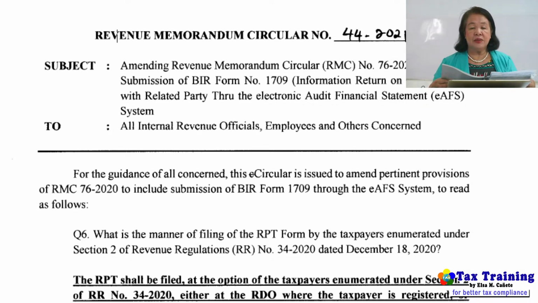And one of the reasons na nakita ko why those payers failed to submit BIR form 2307 is usually they failed to remit the withholding tax, no? Kasi mandatory sa kanila yung mag-withhold. Hindi nila na-withhold on time. Hindi sila nagbibigay ng 2307 kasi mahuhuli sila ng BIR.